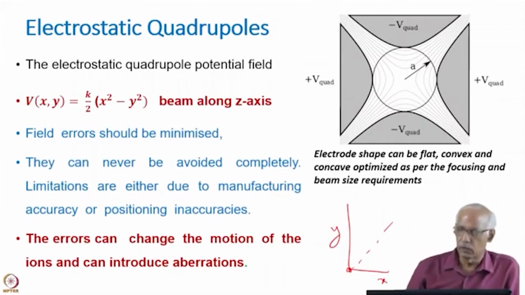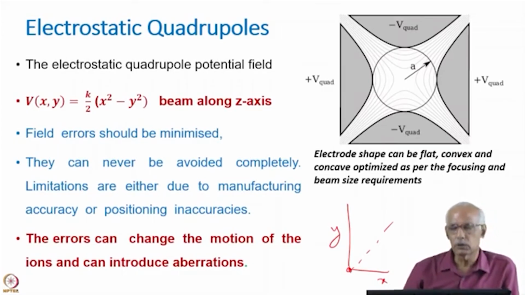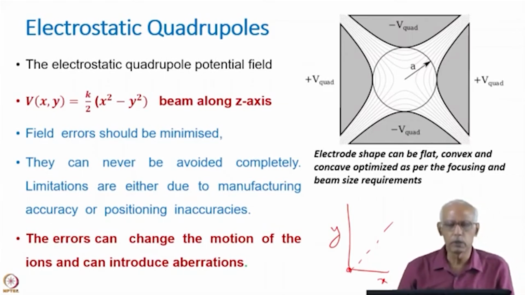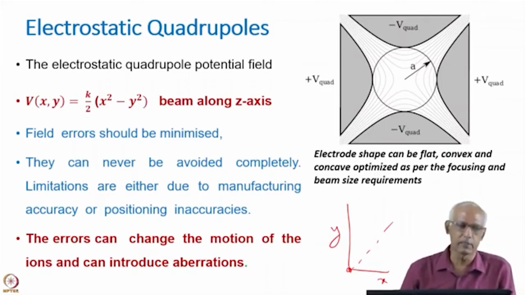In that case, with the following geometry, the voltage distribution, which is a function of x and y, depends on k by 2 into x square minus y square. This, of course, is exact if the geometry of the poles is hyperbolic. And I am assuming here that the beam is along the z-axis.